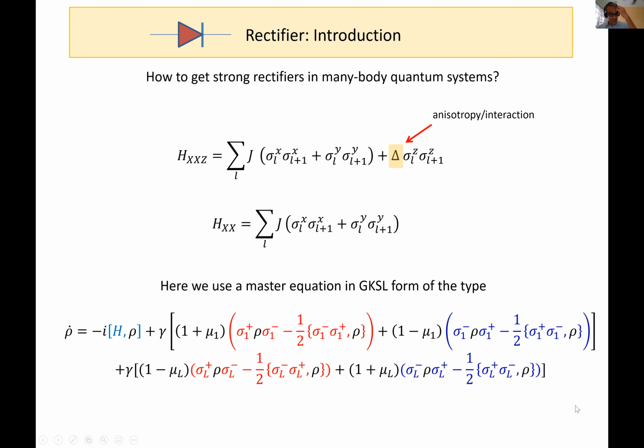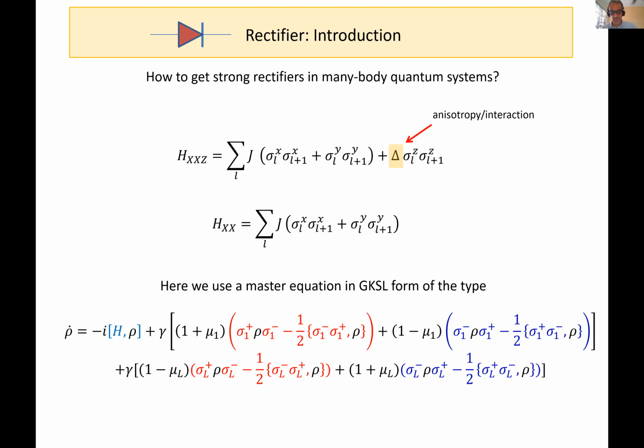Now, as anticipated by Gabriele before, to describe transport here I'm going to use some local master equations, and we will not consider issues about the thermodynamic validity of these equations or their consequences or interpretations.